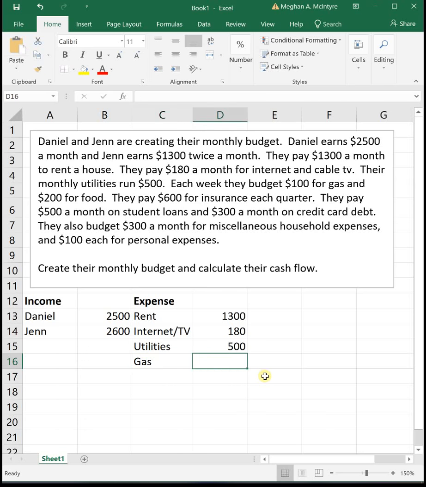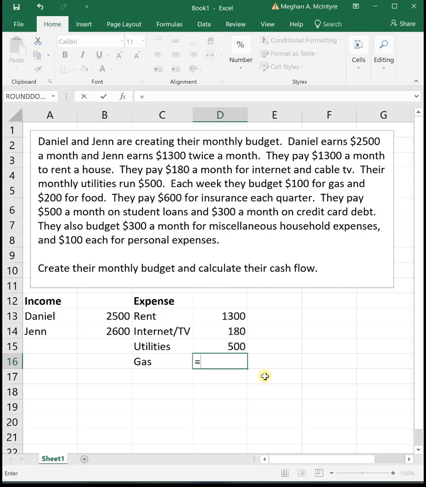Each week they budget $100 for gas. All right, so this is where it gets a little bit different. We're told that they budget $100 a week for gas, but you cannot just multiply that 100 times 4, because except for February, most months have more than 4 weeks. If you budget for 4 weeks, you're going to have 3-4 days left over every month that you have not accounted for.